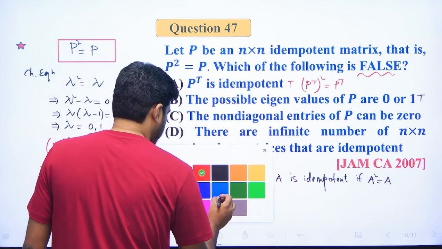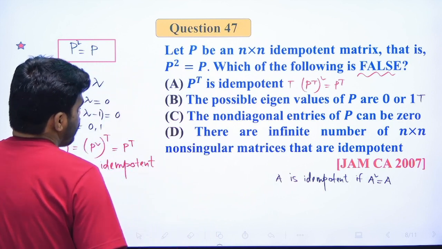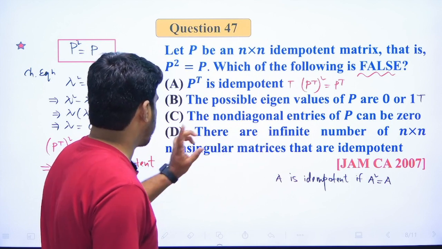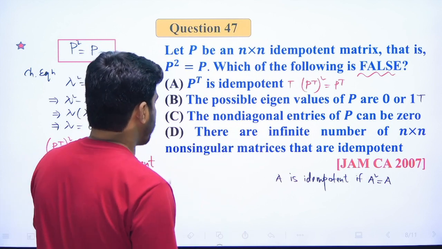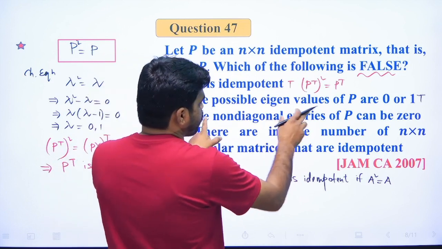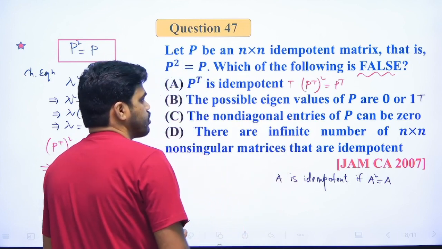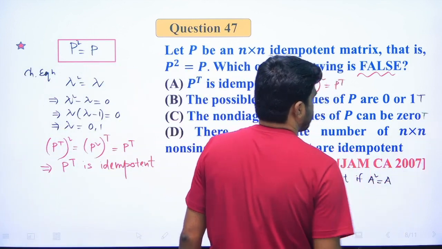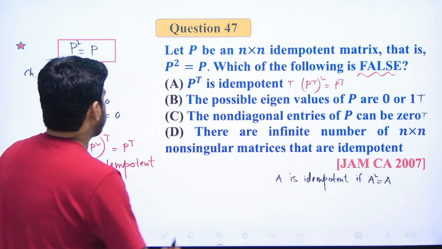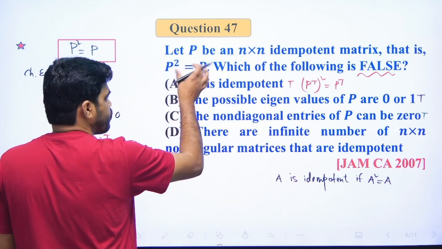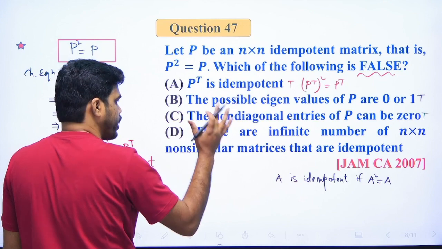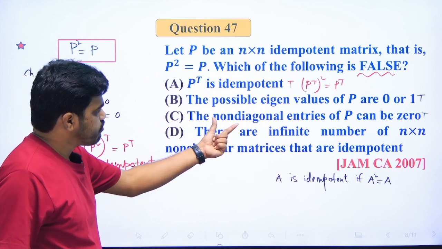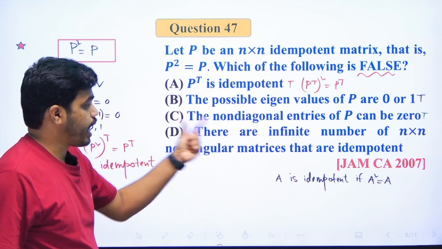For an idempotent matrix, P square is equal to P, right? So the non-diagonal elements can be 0, okay? So that is true. There are infinite number of n cross n non-singular matrices that are idempotent. That is not possible.